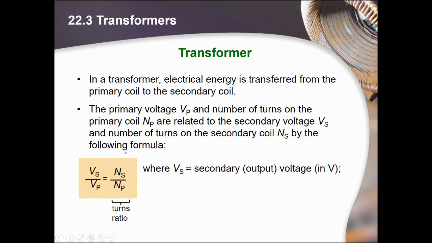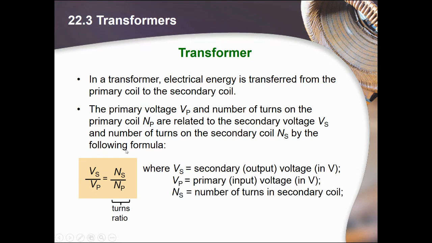This is the turn ratio formula. We know that as the number of turns increases, the EMF increases also. As I turn more, I will have more EMF. The same goes for here: the voltage in the secondary is directly proportional to the number of turns in the secondary. So the ratio will be equal.